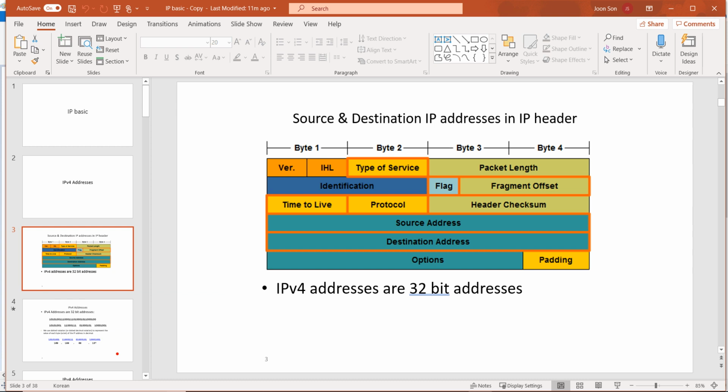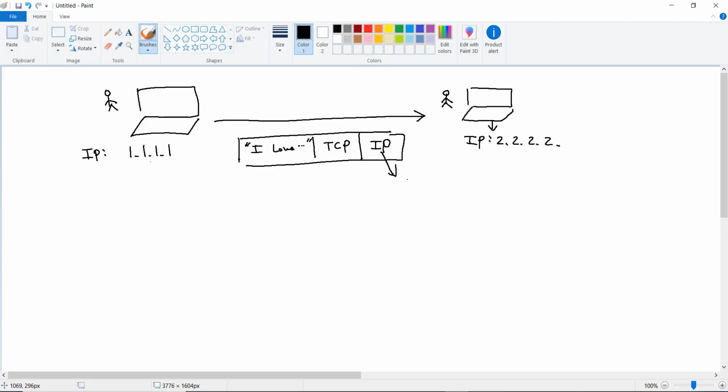But there are two most important fields in the IP header, as I said: the source and destination IP address. The source IP address in this case is 1.1.1.1, and the destination IP address is 2.2.2.2. A good analogy is when you write a letter to your mom.